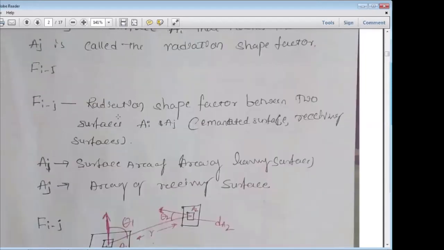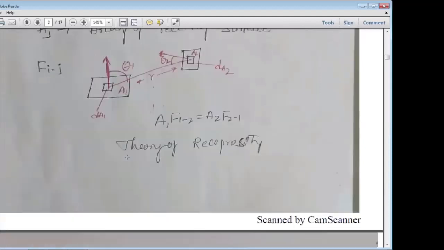Fij is called the radiation shape factor between the two surfaces Ai and Aj. Emitted surface Ai is the emitting surface, and Aj is the receiving surface.